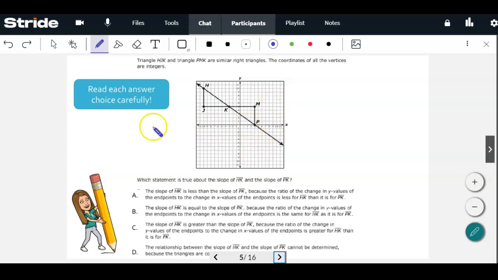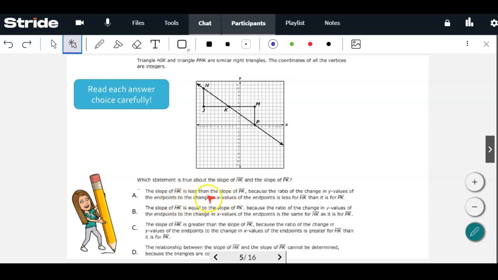All right, so this was an actual STAR question. It says triangle HJK. This is the one we just did, so this just shows you the STAR version of it, and it's just a little bit wordier. So let's look at how it's worded on the STAR test. A says the slope of HK is less than.